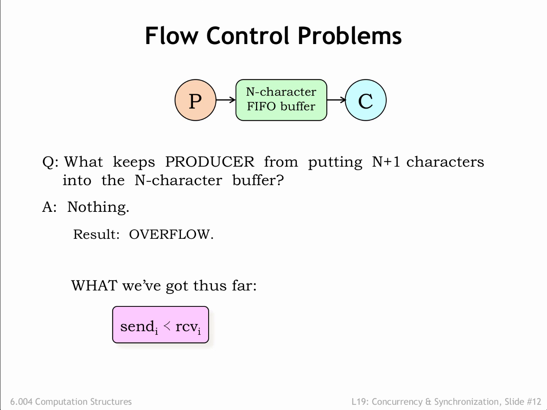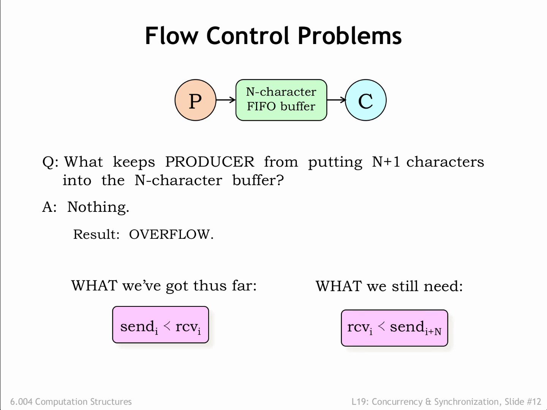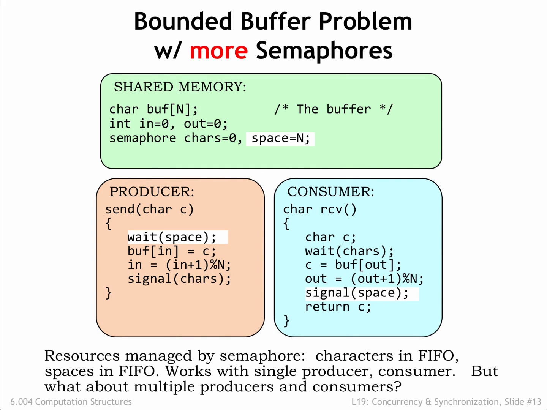In other words, the consumer can't read from an empty buffer. What we still need to guarantee is that the producer can't get too far ahead of the consumer. Since the buffer holds at most n characters, the producer can't send the (i+n)th character until the consumer has read the ith character. Here we've added a second semaphore, spaces, to manage the number of spaces in the buffer.